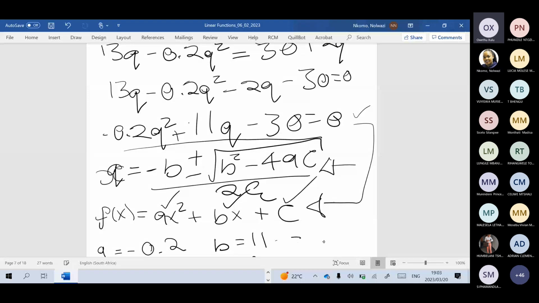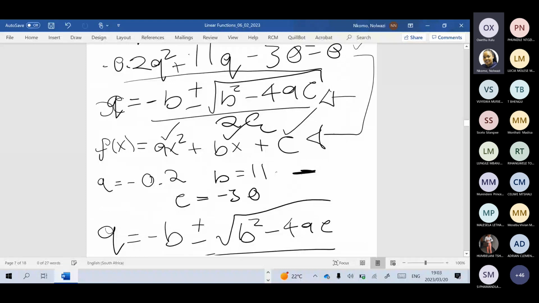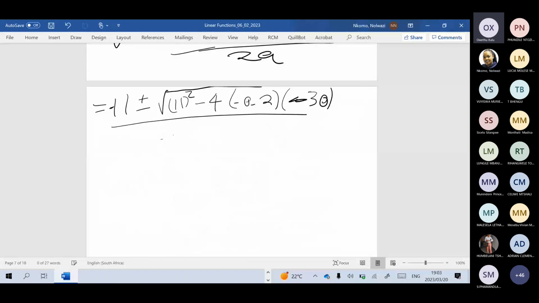Over minus 2 and our A, okay, minus 2. We said our A is 0.2, so it's times minus 0.2.